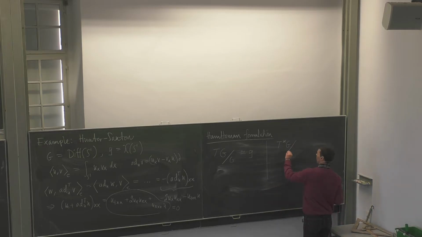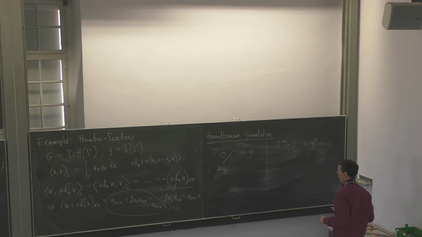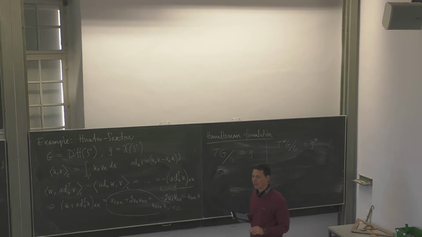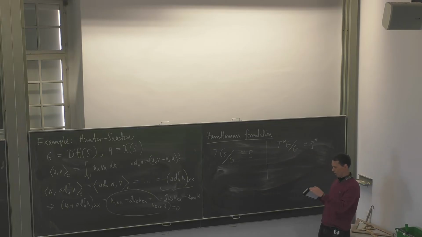You still retain the symmetry, so you reduce this, and what you end up with, surprisingly, is the dual of the algebra. Here we have the symplectic structure; what happens to it here? Does it survive? Yes and no. It survives, but you get it in terms of a Poisson structure.